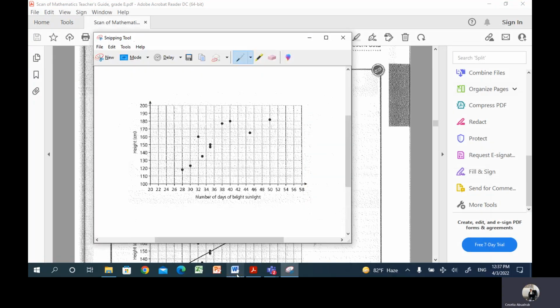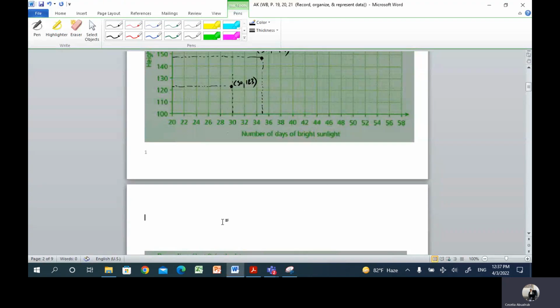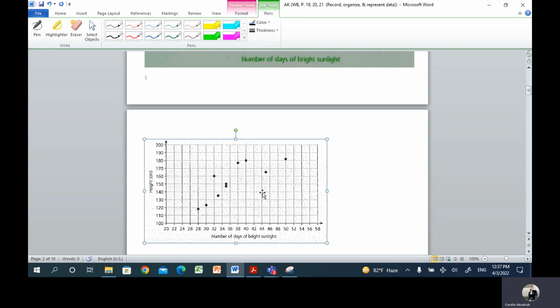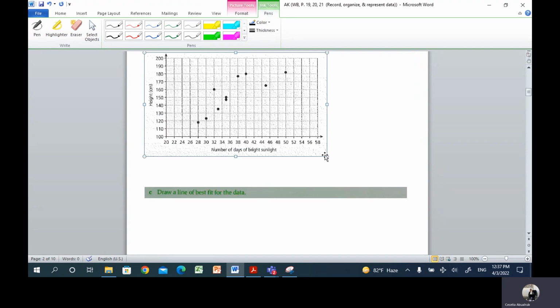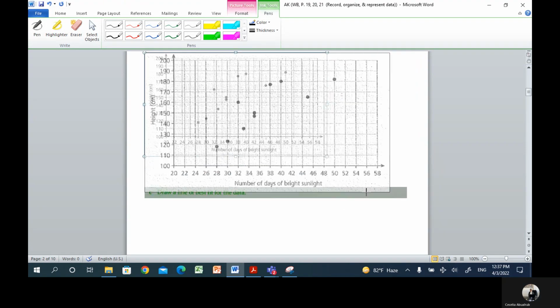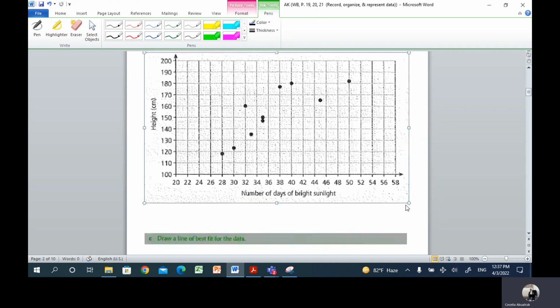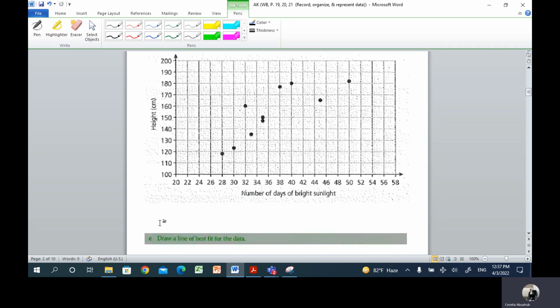So you will have the following result when you plot each point that is given in the graph.